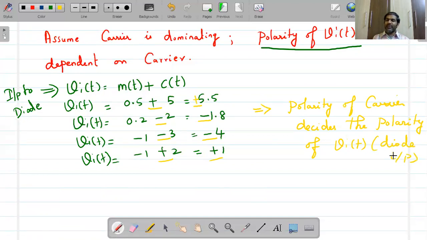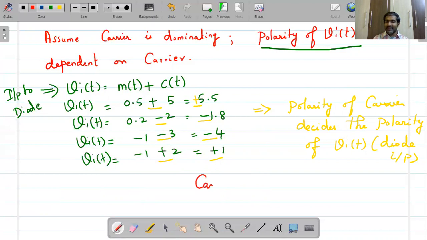If your diode input is positive, your diode will be forward biased. If your diode input is negative, it will be reverse biased. What I'm trying to say is that the polarity of my carrier decides the polarity of my diode input.